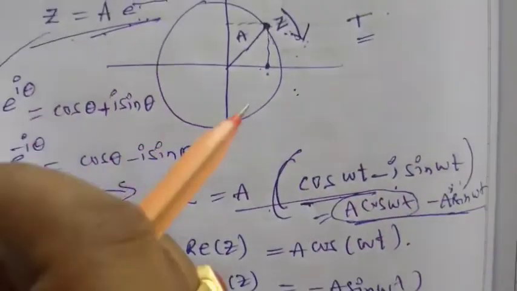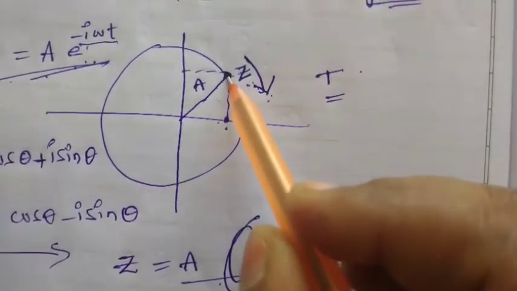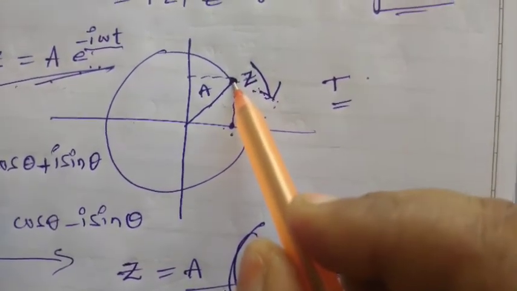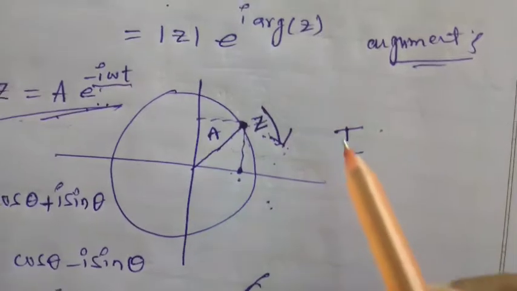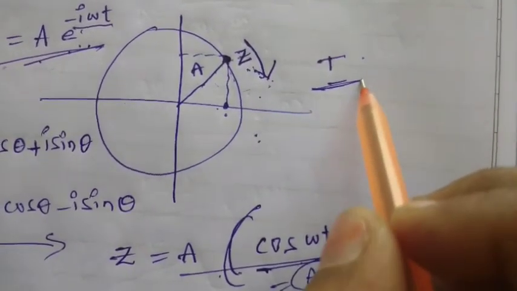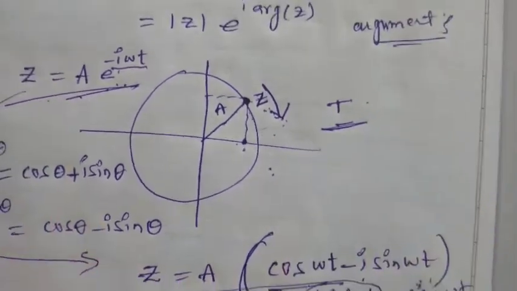Here one point is moving in the clockwise direction. Let us consider two points moving with the same angular speed but separated by an angle phi. That can be represented by complex numbers.